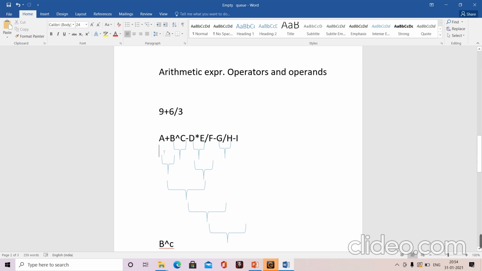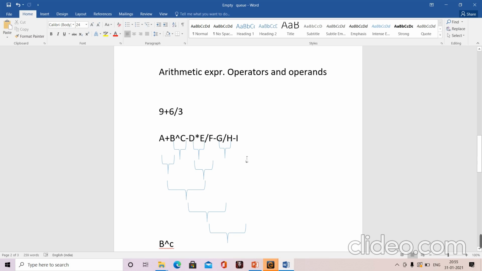Fifth will be A with the result of A exponential of C. All right. Then sixth will be the result of A plus this one, the result of A exponential of C, and the result of this multiplication. This is the result of this with this.